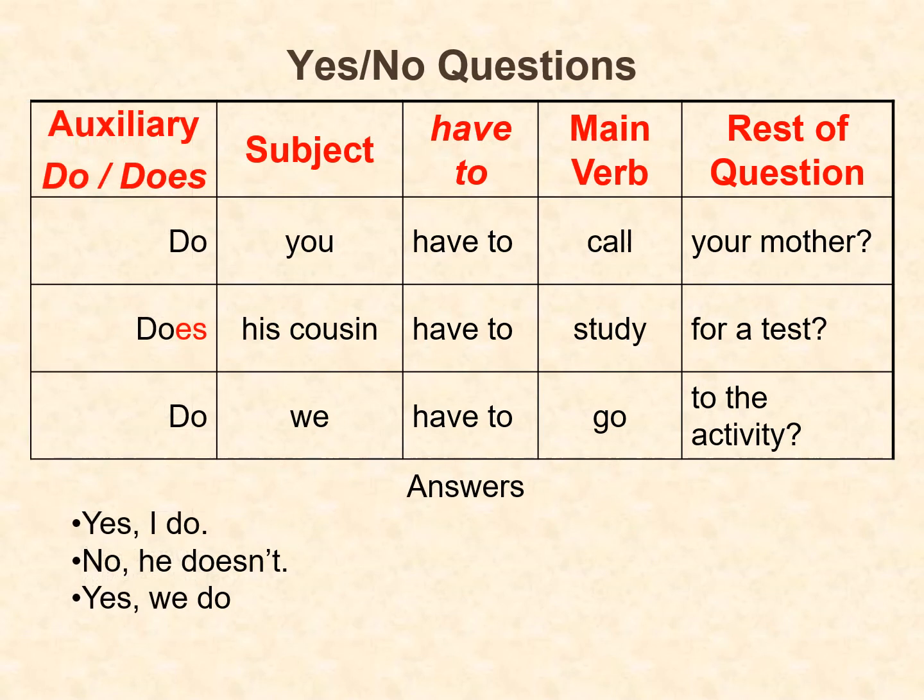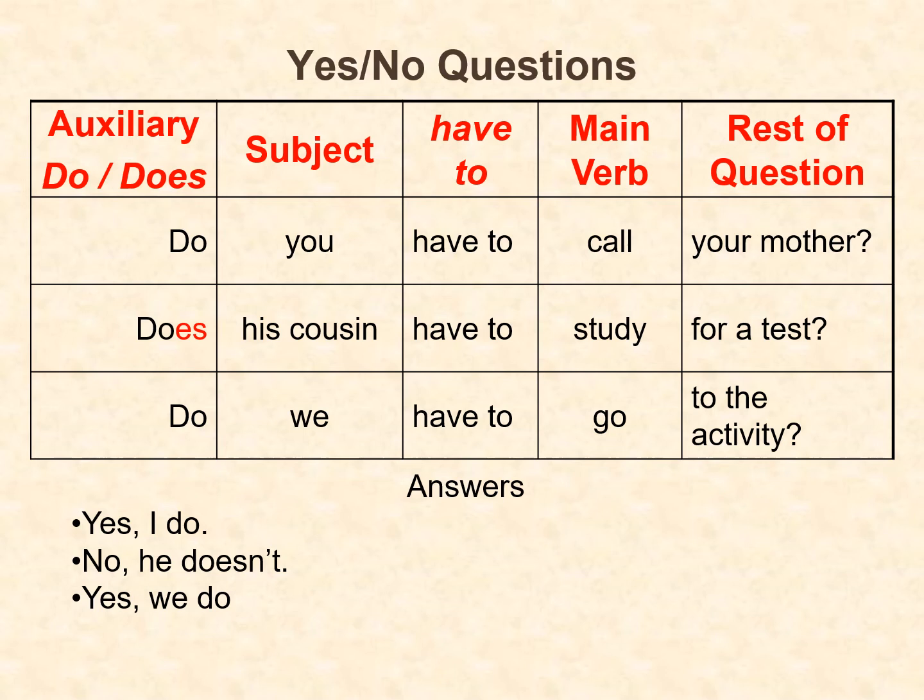In yes/no questions, we begin with the auxiliary do. There may be some material before that, but the important thing is to have do or does, then the subject, then have to, the main verb, and the rest of the sentence. So, for example, we get do you have to call your mother?